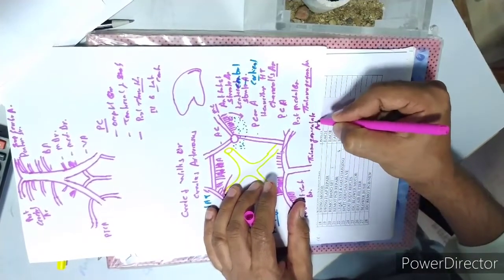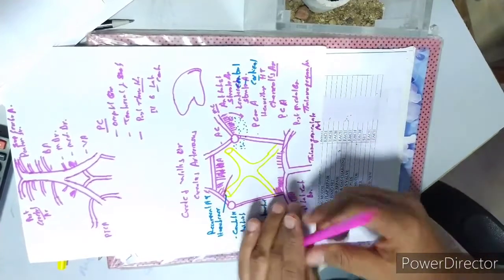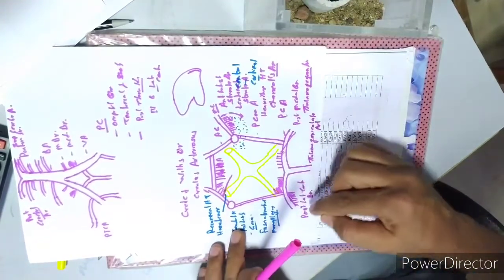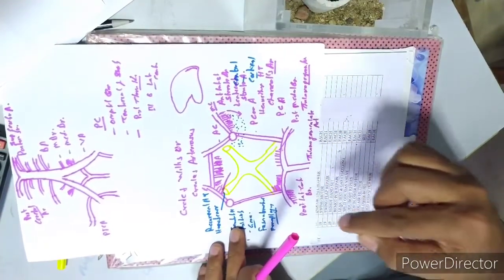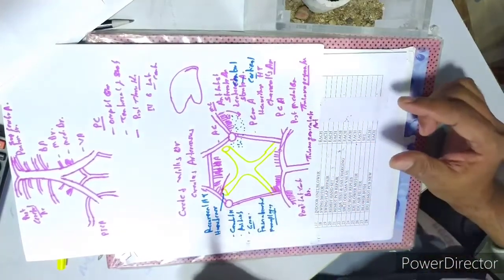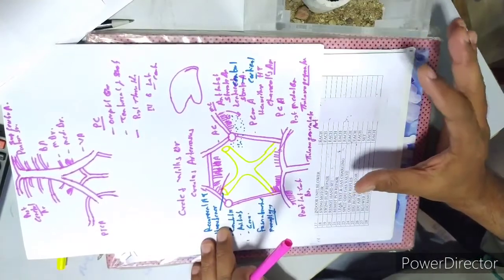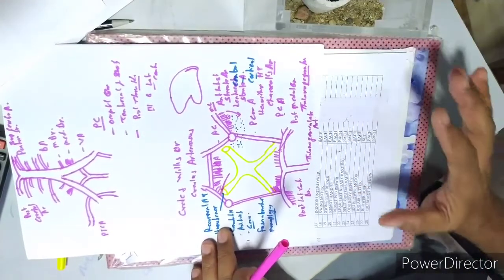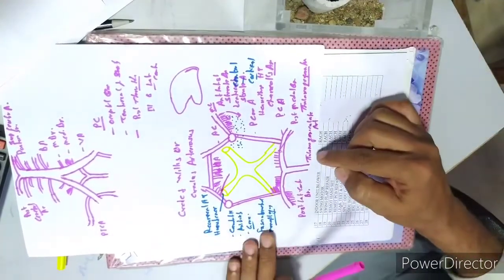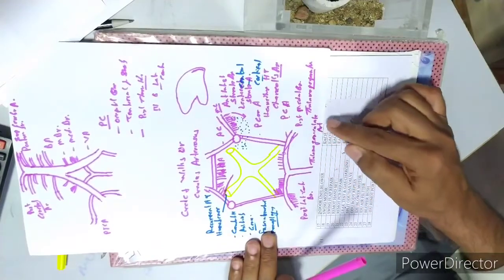These supply the posterior part of the thalamus, especially the pulvinar, the lateral and medial geniculate bodies, and the lateral and ventral groups of thalamic nuclei.